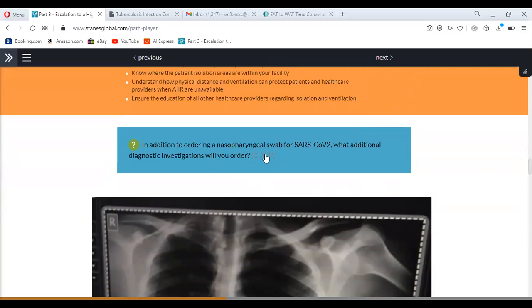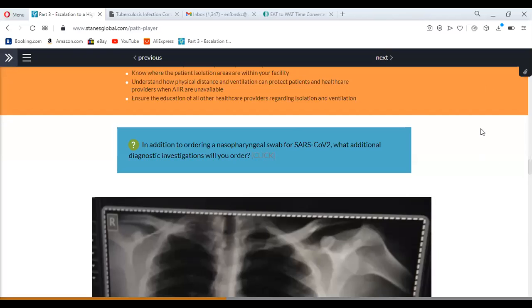Apart from the test, where we all know we take a nasopharyngeal swab to test for COVID-19, what additional diagnostic will you order for this patient? Type in the chat box. Okay, I've seen somebody say chest X-ray. Type your answers into the chat box.